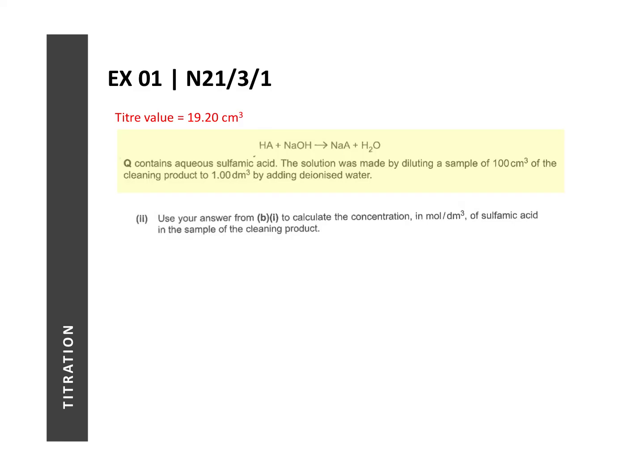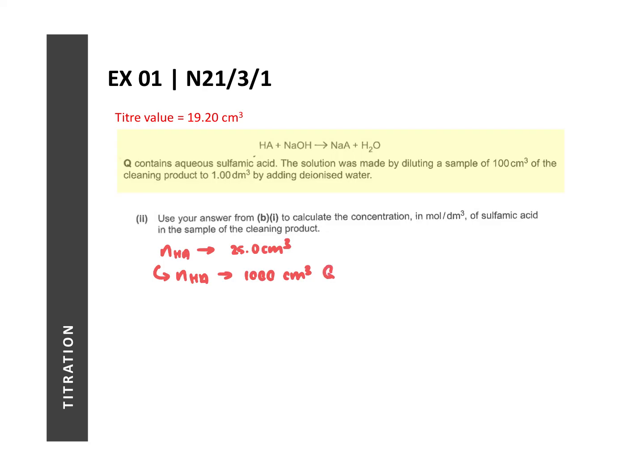In the next part, you're required to find the concentration of the acid in the sample of the cleaning product. In order for us to do that, you need to know how the sample was converted to solution Q. We have seen earlier that there are two things to take note of. The number of moles of acid that we have found in the previous step is only for 25 centimeter cube of Q. So before we can find the concentration of acid in the sample, we must first find the number of moles of acid in 1 dm cube of Q. And how do we do that?